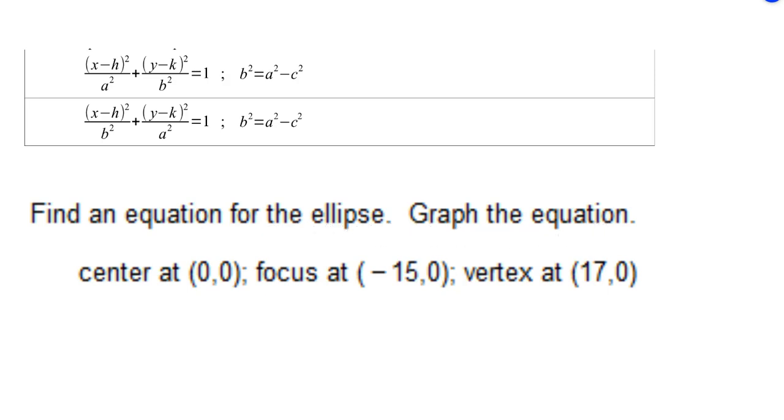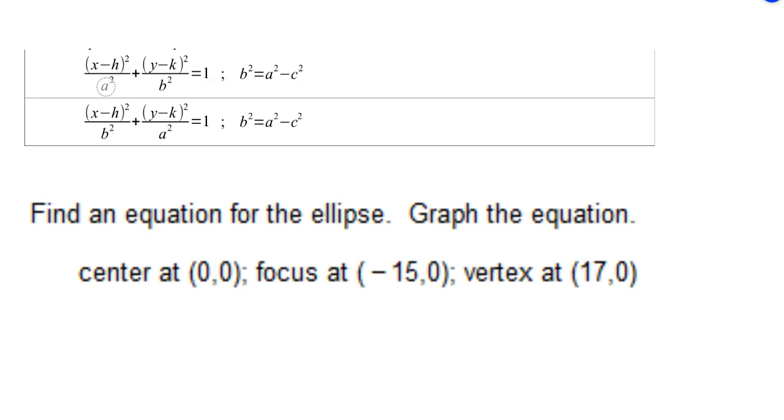Graph the equation. But before we get to this example, let's take a look at the equations of our two different orientations for the ellipse. So we have one equation being (x - h)² over a² plus (y - k)² over b² equals 1. Now the h and the k are the coordinates of the center of the ellipse.